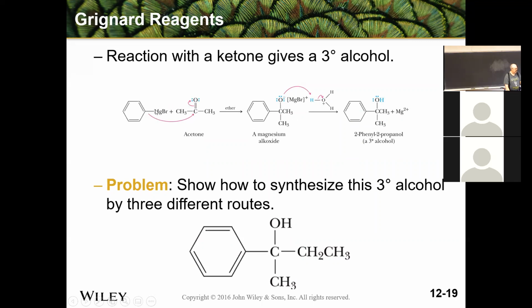Notice we don't do anything with magnesium or the bromine. It just falls off, so don't worry about drawing any arrows from it or to it. That gives us a tertiary alcohol. This would be 2-phenyl-2-propanol. Propane is the longest chain containing the alcohol, 2-phenyl-2-propanol.